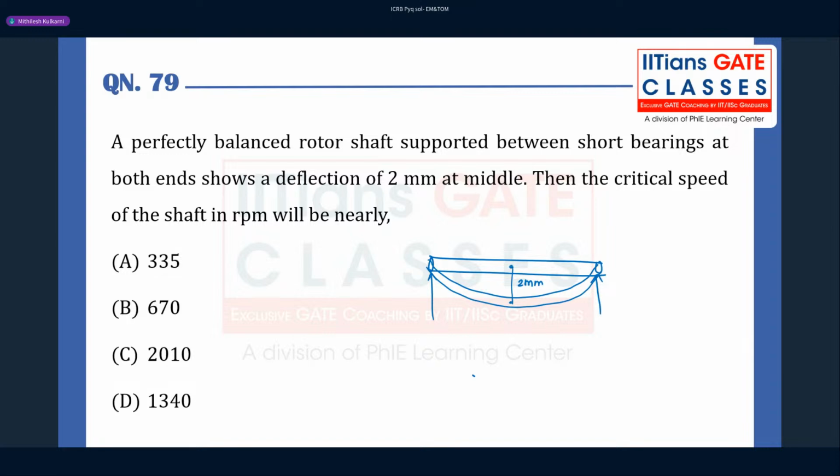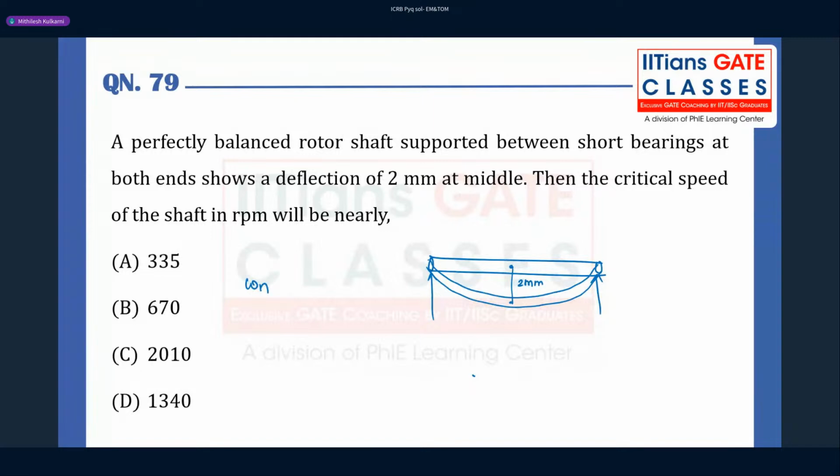The critical speed of the shaft in RPM will be, critical speed is like whenever the speed of rotation is equal to the natural frequency, or whenever the frequency of rotation is equal to the natural frequency of this shaft, we'll say that the corresponding speed will be the critical speed.